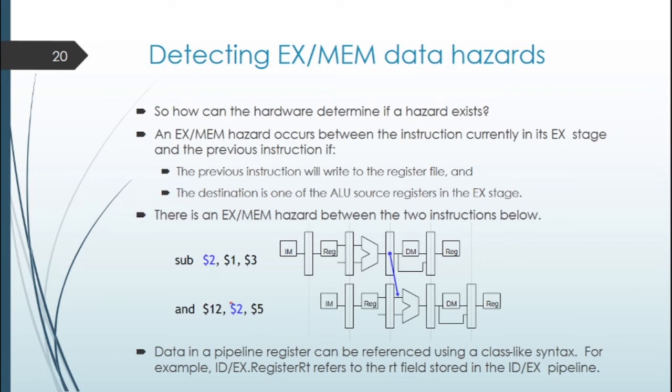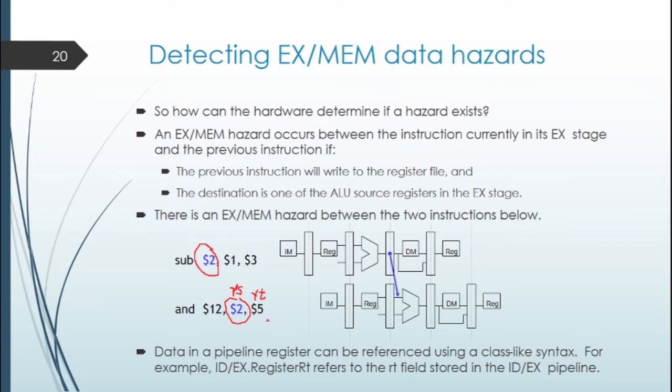If the RS or RT value of a subsequent instruction is the same as the number or address of the register from your current destination register, then, since this is an R-type instruction, if the current instruction's RD value is equal to the next instruction's RS or RT value, it means this is some kind of hazard.